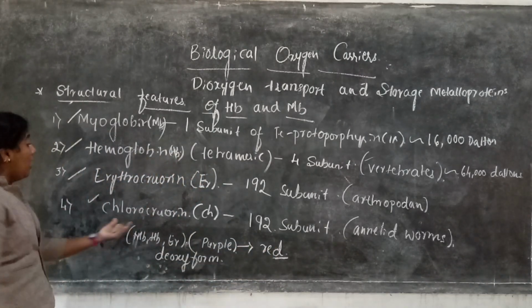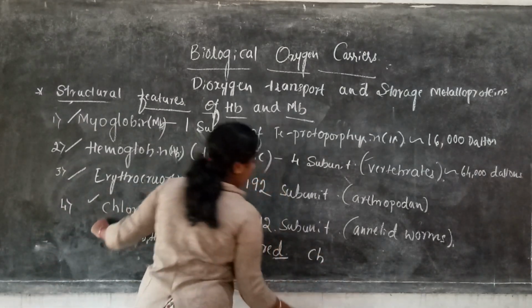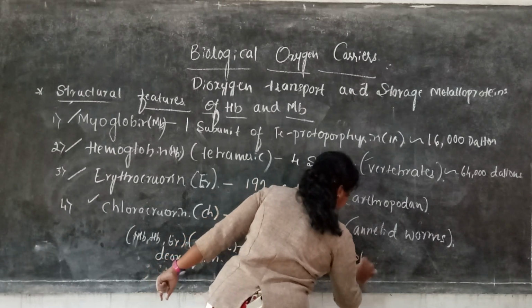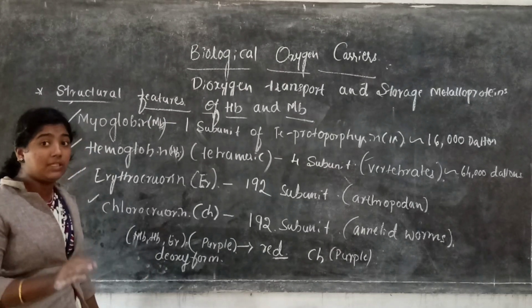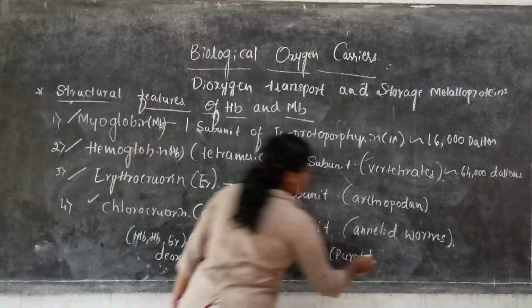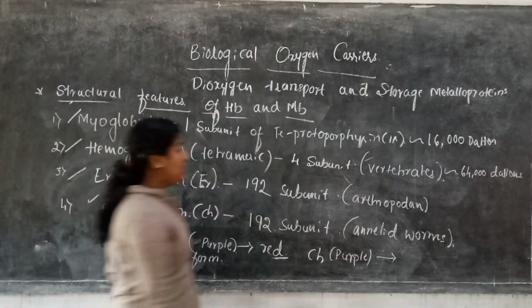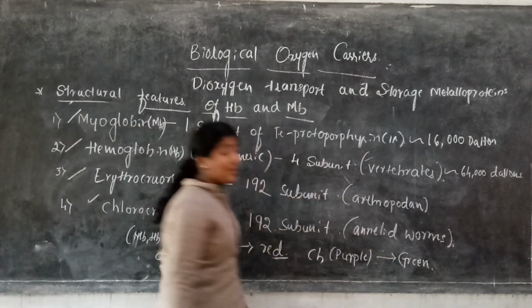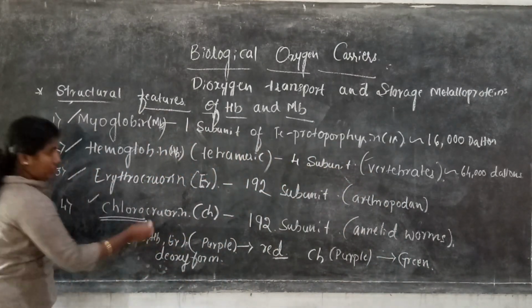But in chlorocruorin, before oxygenation it has purple color, but after oxygenation it converts to green color. It converts to green color because of which group? Chloro.